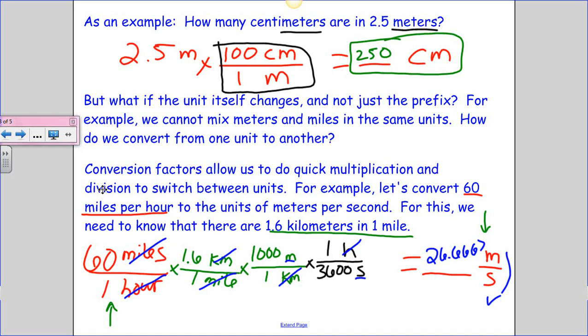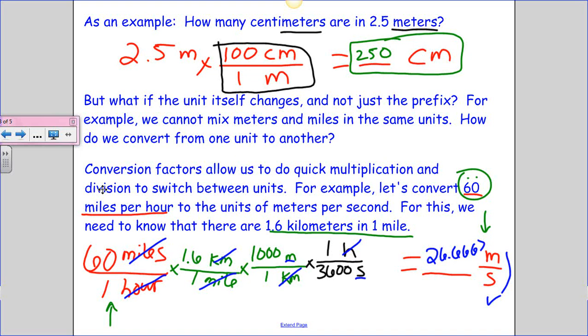No, we don't. In the beginning, we are given 60 miles per hour. How many significant figures does this have? Let's go ahead and assume it has 2 significant figures, 6, 0. So how many significant figures should we have here? We should have 2.